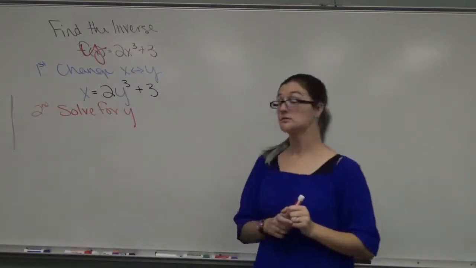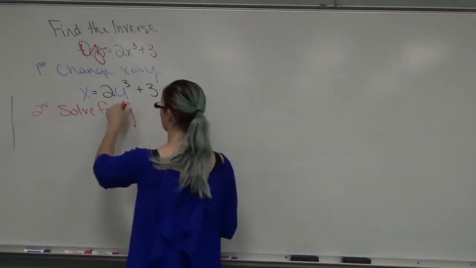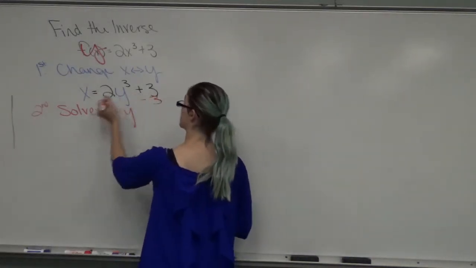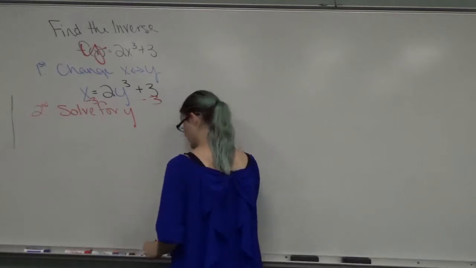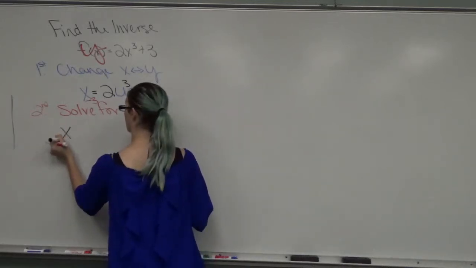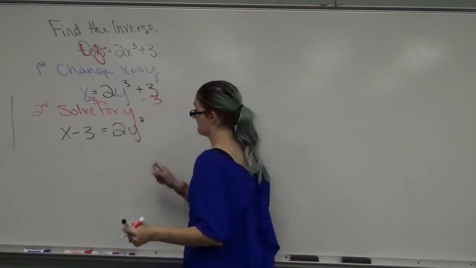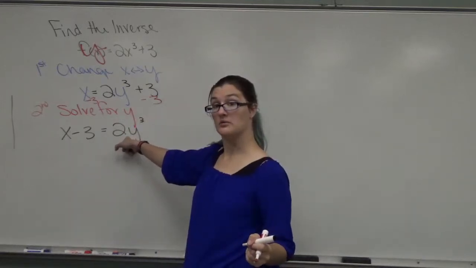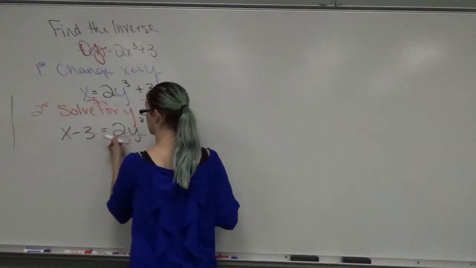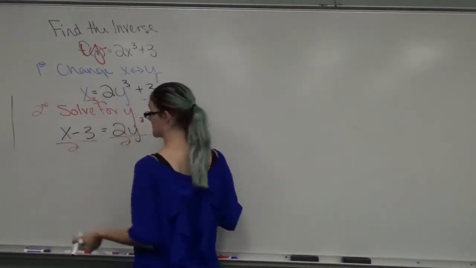Solve for y. We want y alone. Minus 3, minus 3. We want y alone. Divide by 2, divide by 2.